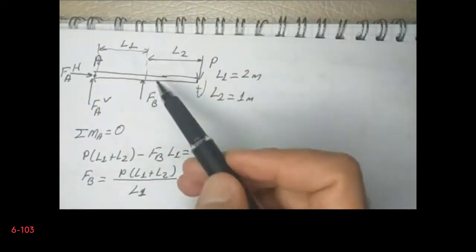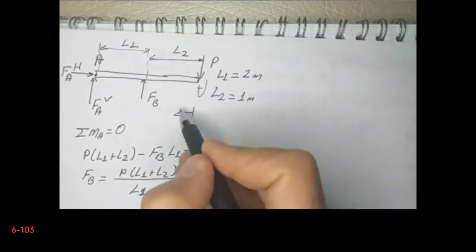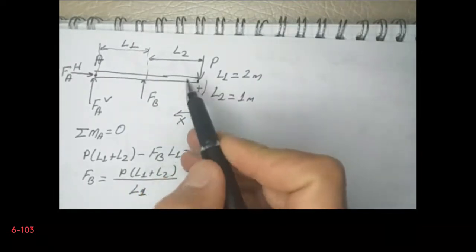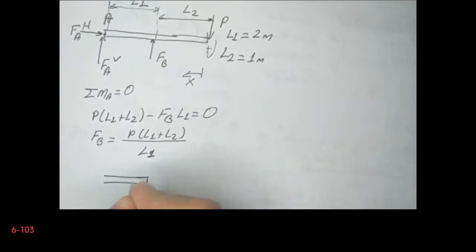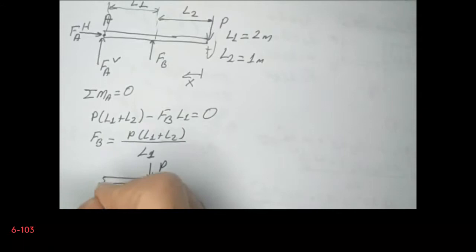So we will make two cuts. First, I will take the right hand side as reference, so I will make the first cut between B and the free end, then I will make the second cut between A and B. So this is P, this is V1, this is M1.